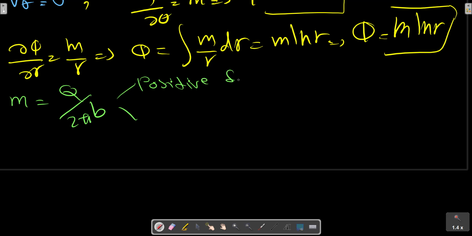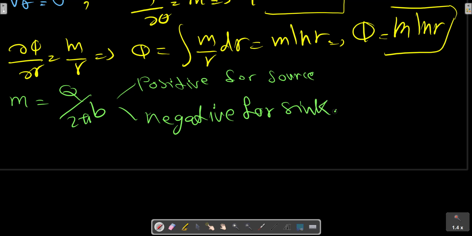positive for source and negative for sink. As shown on the previous picture, the streamlines are radial and the potential lines are circles.